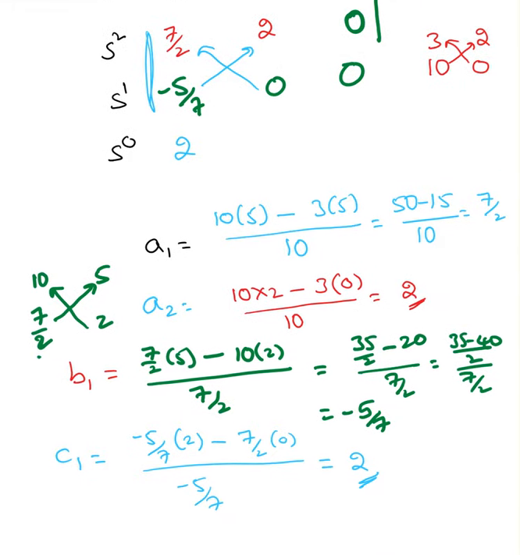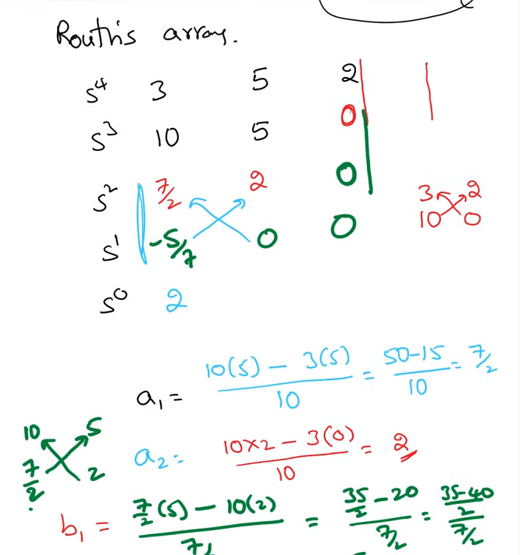Now the important part is right here. We'll look into the first column. When we look into the first column, see how many times the sign is changed. The first one is plus 3, second one plus 10, so there is no sign change.